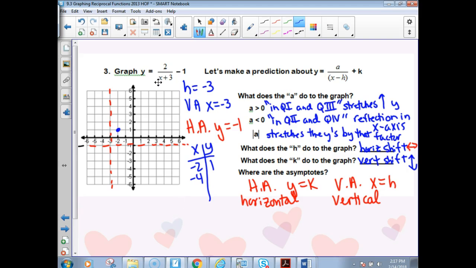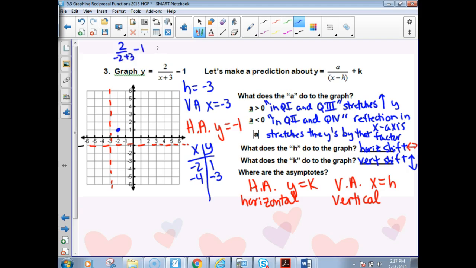If I plug -4 into the equation, -4 plus 3 would be -1. I would have 2 over -1, then minus 1, which would give me -3. I'm doing this in my head. If you need me to show it, I can plug the numbers in, but this is what I did.